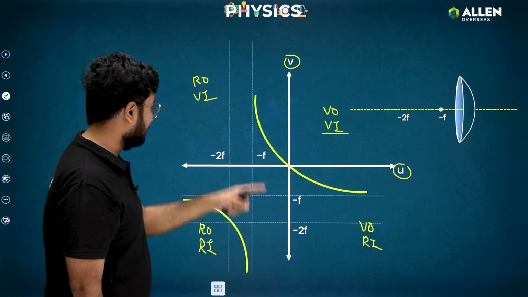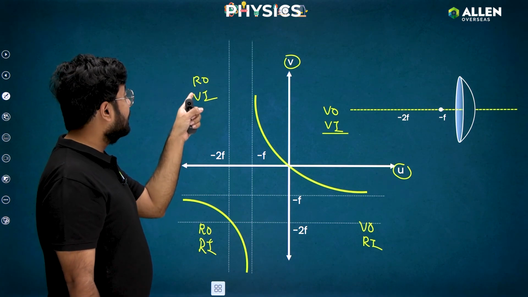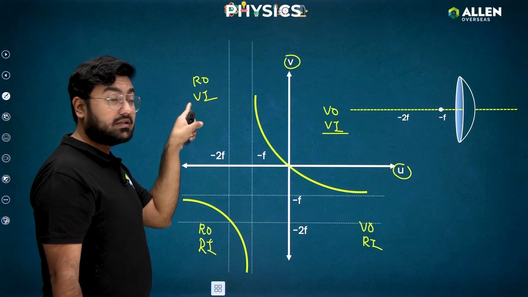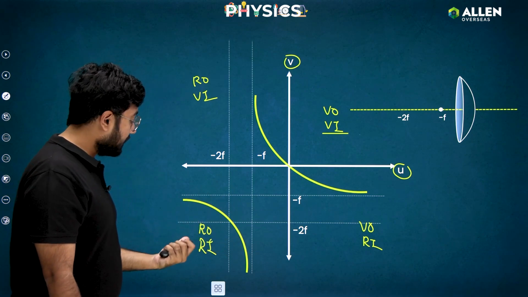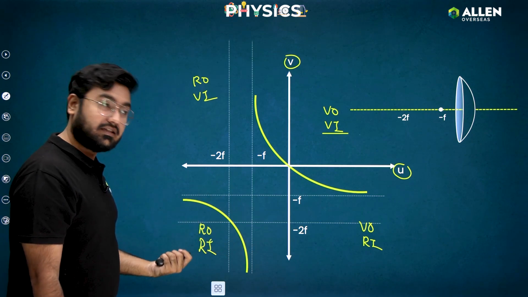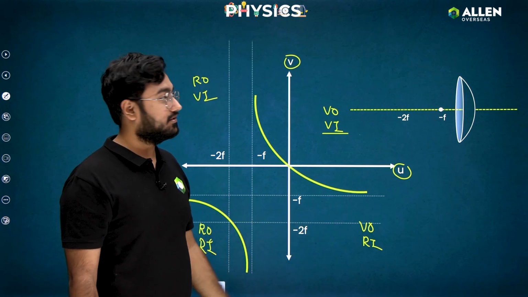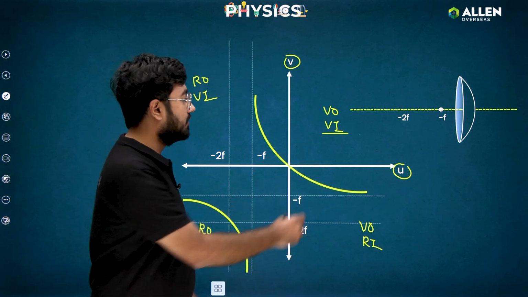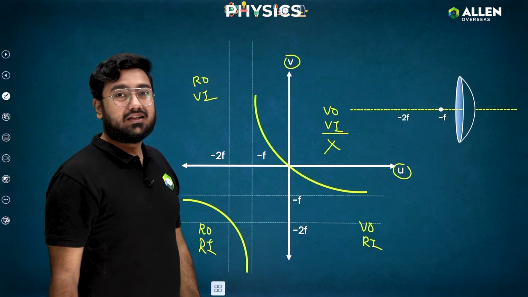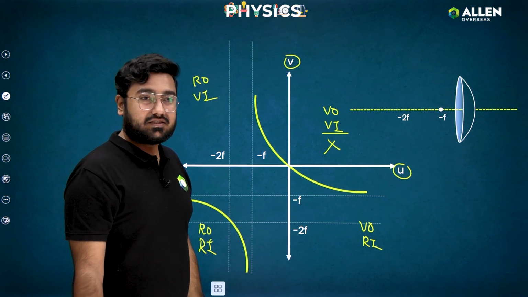Getting the point? Will it form virtual image of real object? Yes. Will it form real image of real object? Yes. Will it form real image of virtual object? Yes. But a big no-no for virtual object, virtual image.